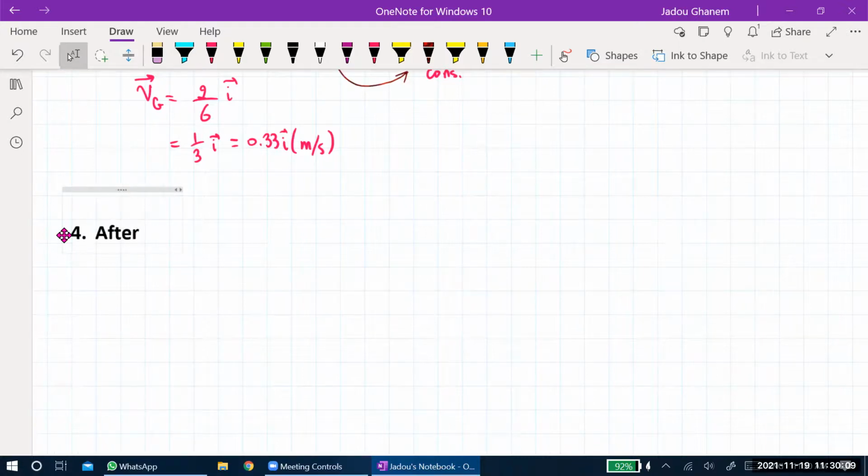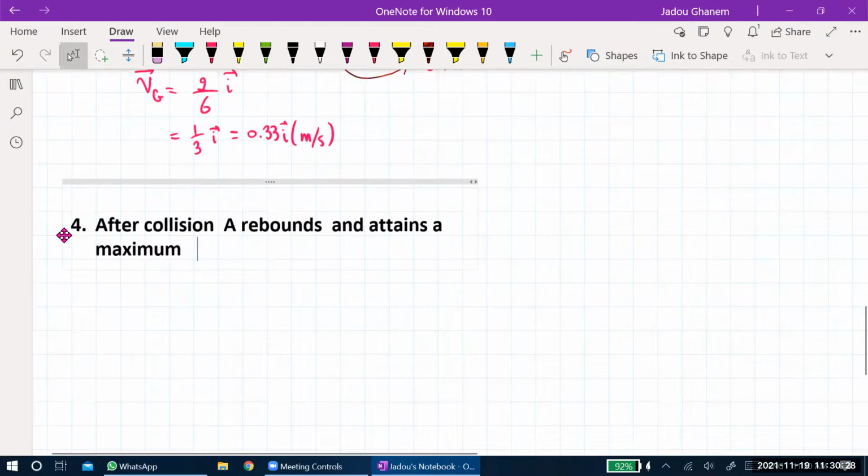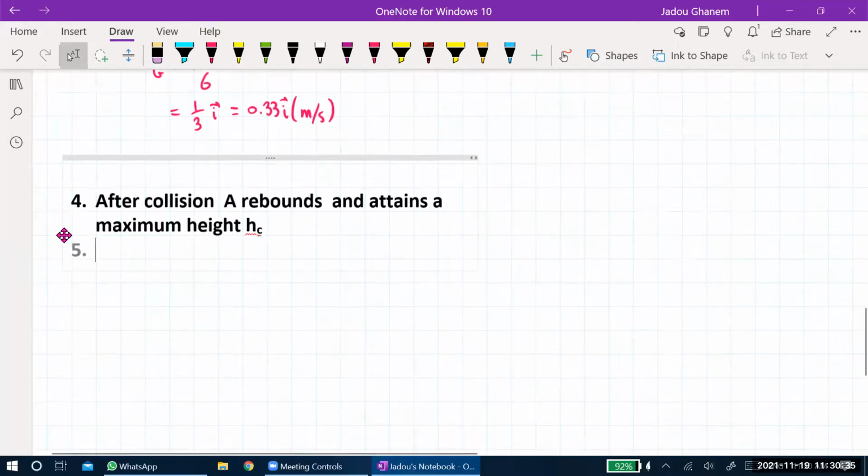Now after collision, A rebounds. They told us that A rebounds and attains a maximum height HC. I will show this on the screen on the figure exactly.